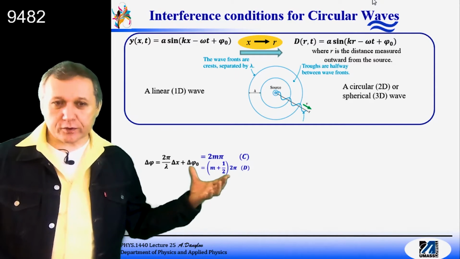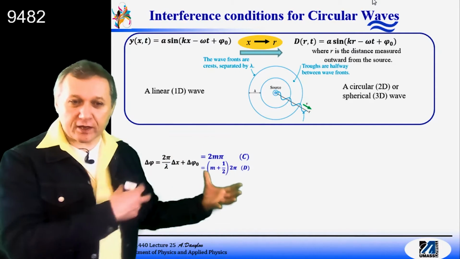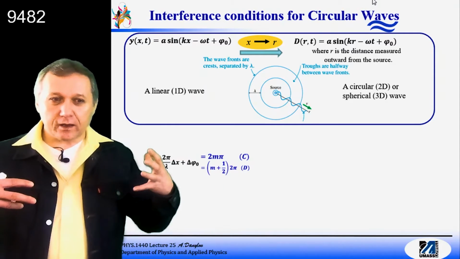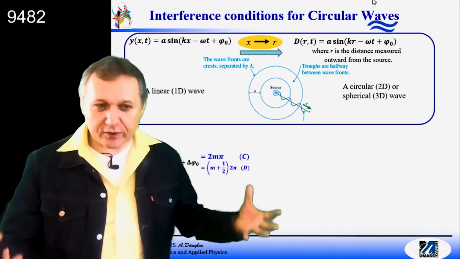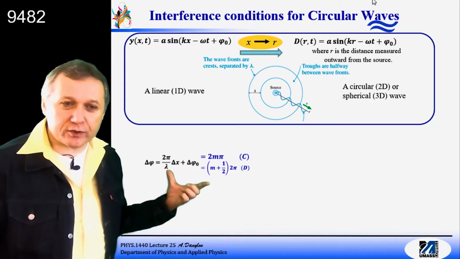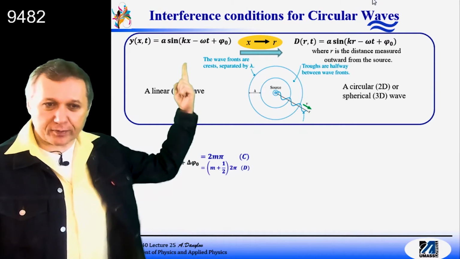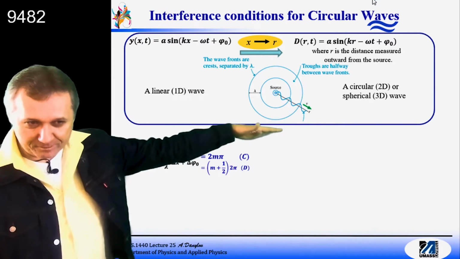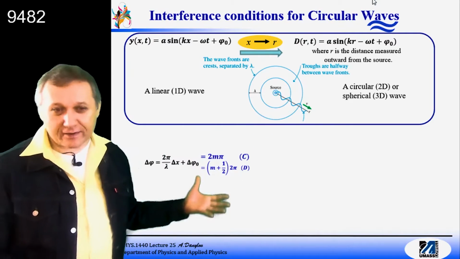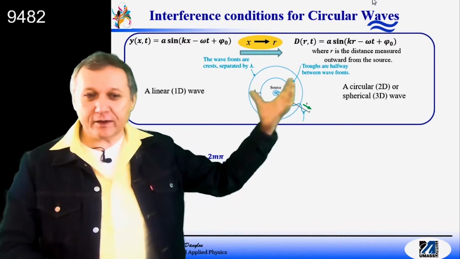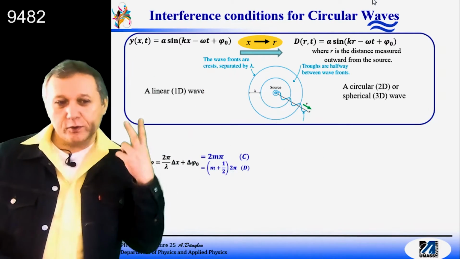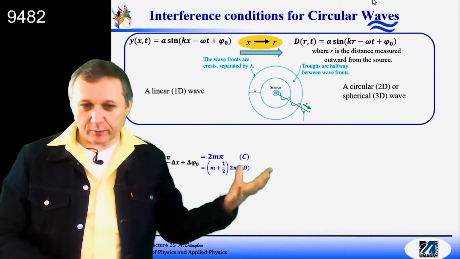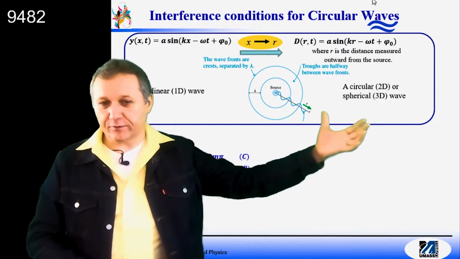And then, of course, we adjusted this for 2-dimensional waves, for example, circular waves, because this was derived for a wave propagating along a straight line, a 1-dimensional wave. At the end of the class, we made a switch to 2-dimensional waves, circular waves, and also it can be applied for a spherical wave.